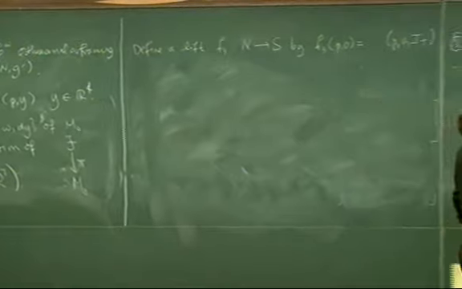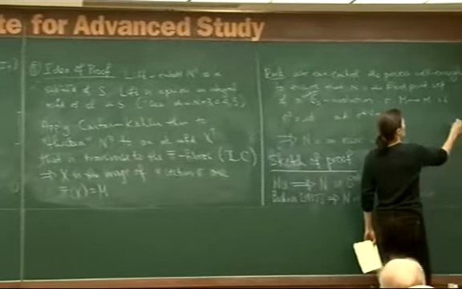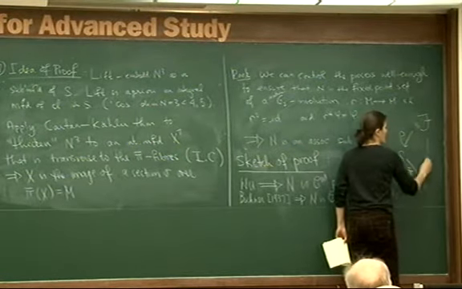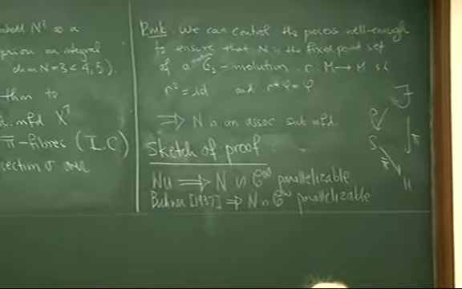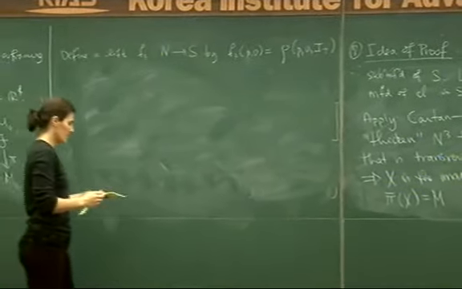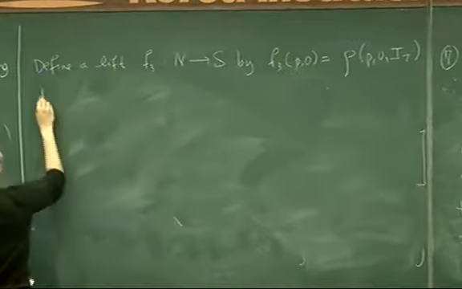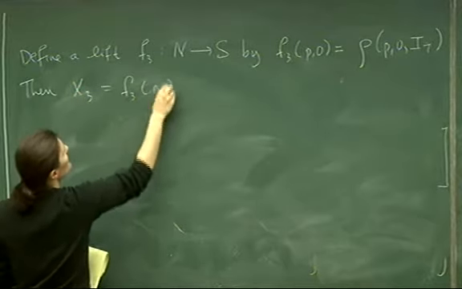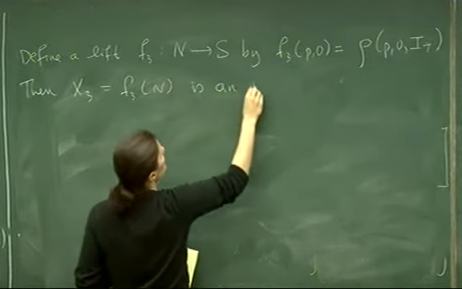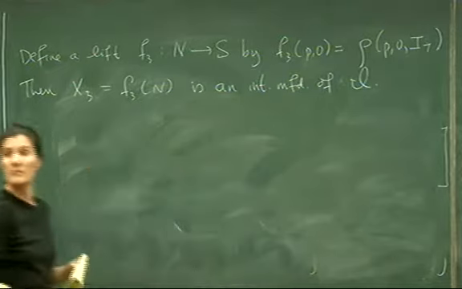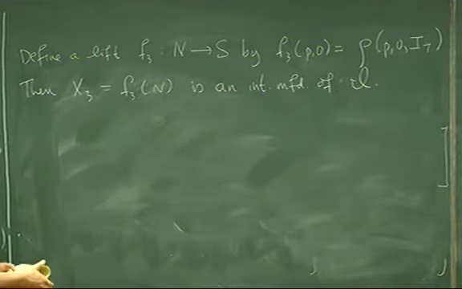And I want to be in S. I erased it, but remember I had this projection rho down to S over here. So just whack it with rho to land in S. So X3, the image, is an integral manifold of our system I. And again, because it's three-dimensional and the system's generated in degrees 4 and 5.